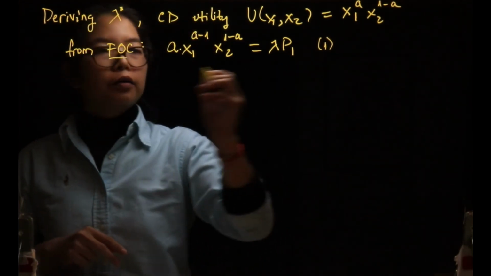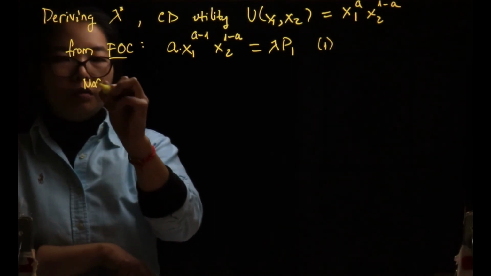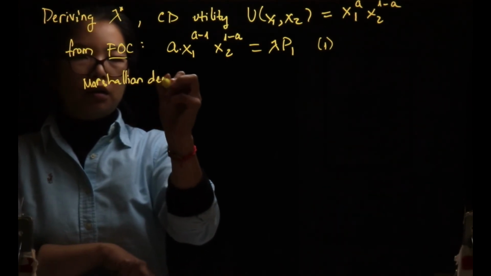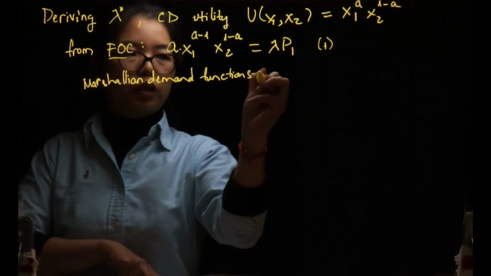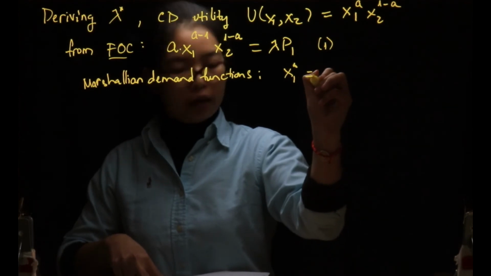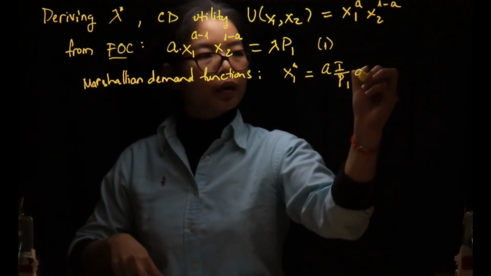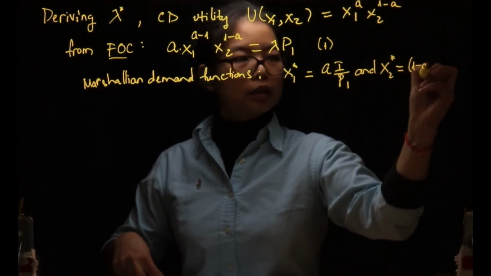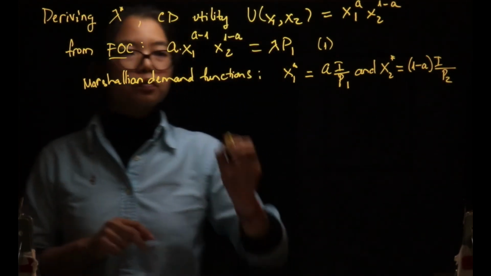So now we already solved for the Marshallian demand function, which is x1 star equals a times I over P1 and x2 star equals 1 minus a times I over P2, right?